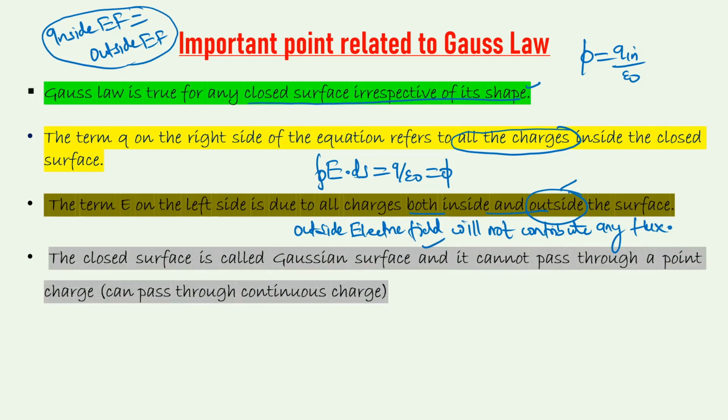Another point: the closed surface is called a Gaussian surface, and it cannot pass through a point charge, but it can pass through a continuous charge. We have discussed this topic earlier; whatever the closed surface is, we call it a Gaussian surface.